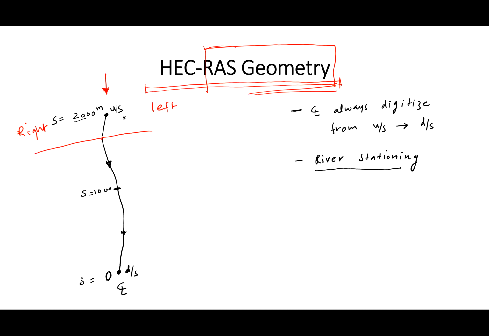Then each cross section gets a station number. So let's say if this is 2000, maybe this is 1800. If I digitize another cross section here, I'm digitizing it from left to right.